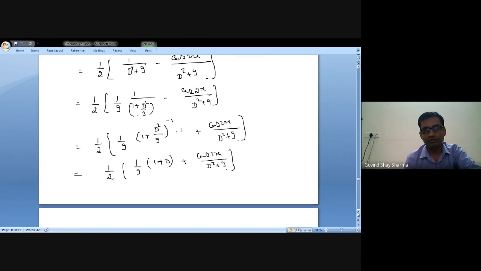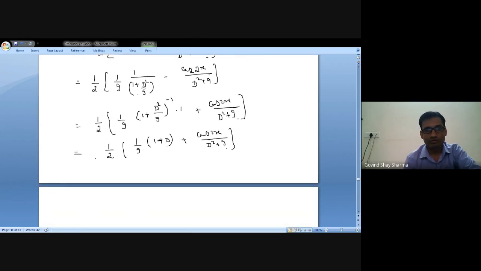Now 1 by 2, 1 by 9 plus cos 2x, where D square becomes minus alpha square, so minus 2 square is equal to minus 4, plus 9. So here it becomes 1 by 2, 1 by 9 plus cos 2x upon 5.